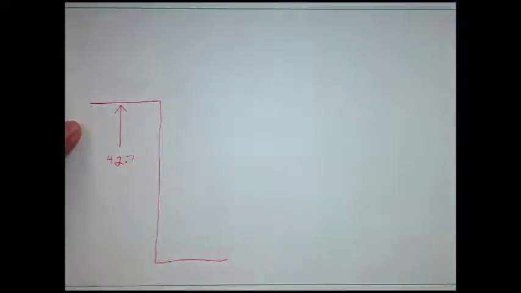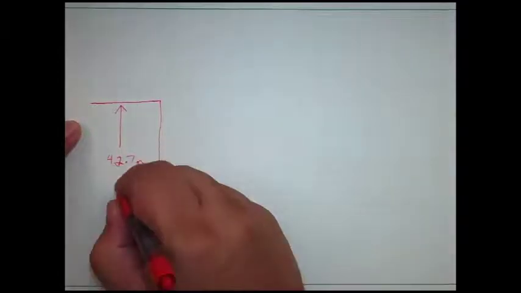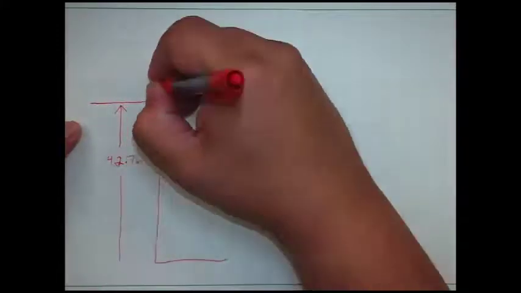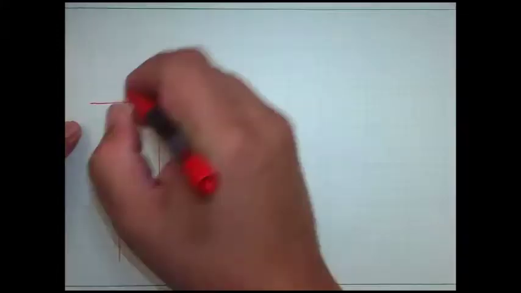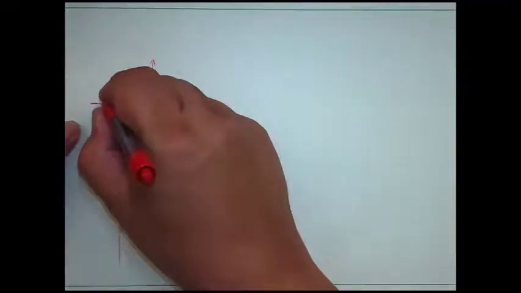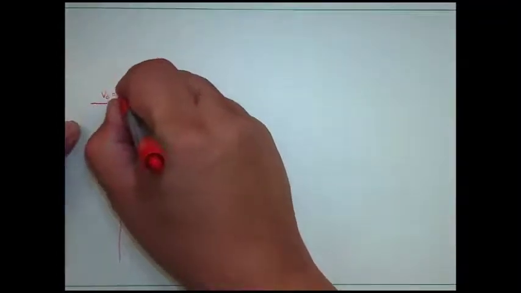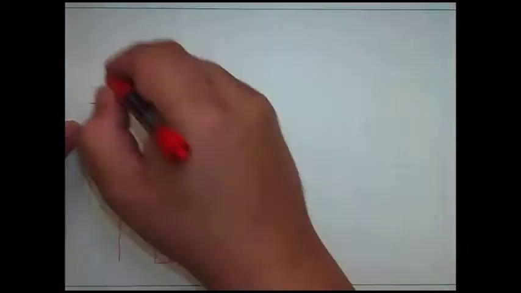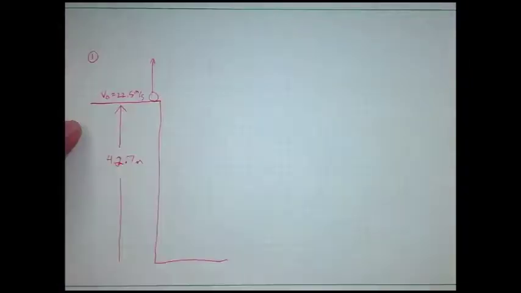The ball leaves the cliff, traveling upward at an initial speed of 22.5 meters per second. We will call that position 1.